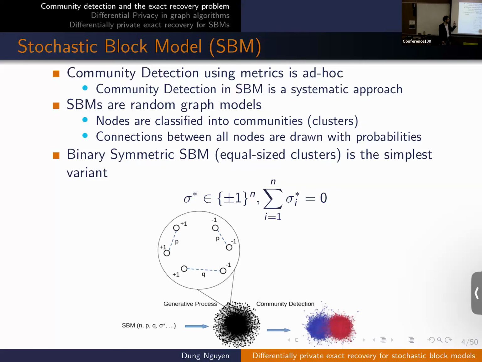So here is one example. These two vertices have the same label, plus one, so the connection between them will be randomly generated with probability P, similar to this pair.